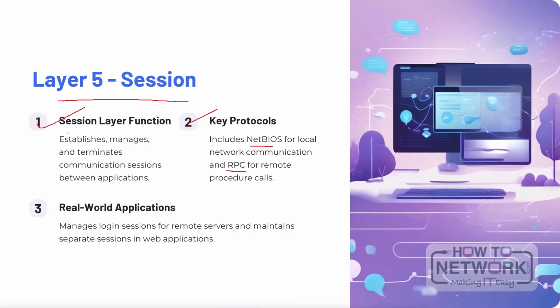Then you have RPC, or the Remote Procedure Call. RPC allows a program on one computer to execute a procedure on another computer as if it were running locally. This enables distributed applications where different components can run on separate systems and communicate with each other seamlessly.